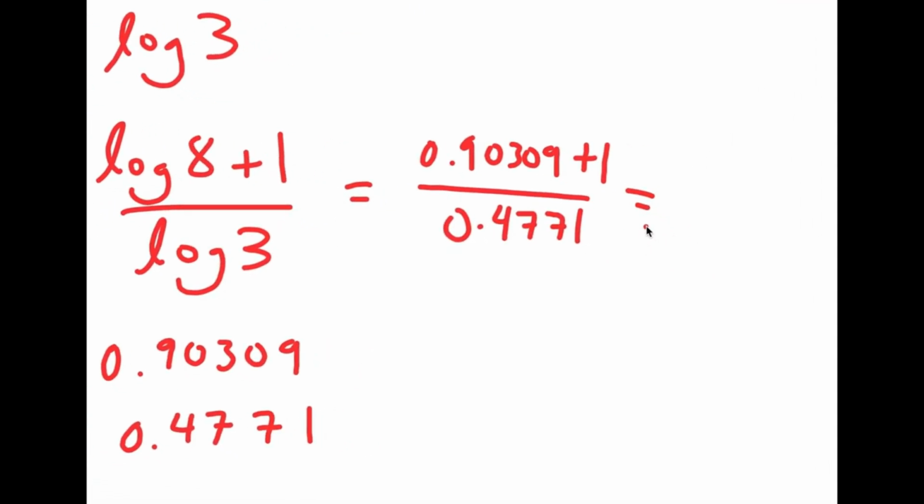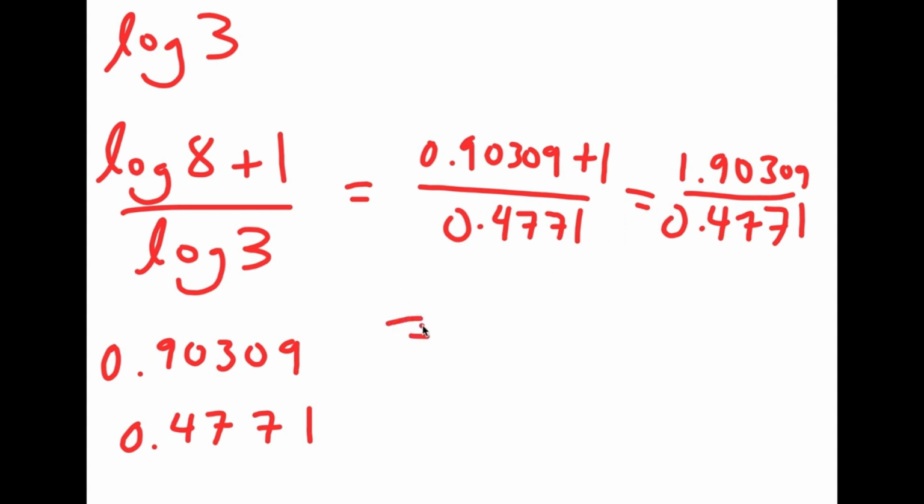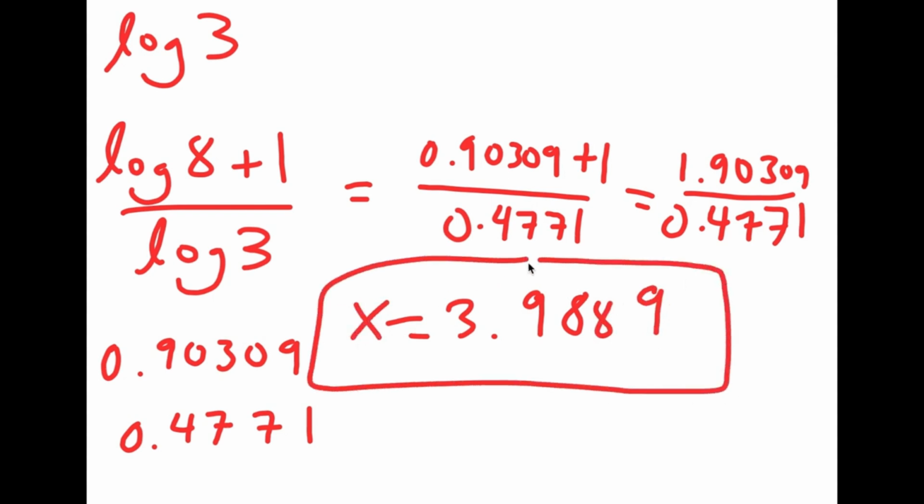And this is equal to 1.90309 over 0.4771. Now 1.90309 over 0.4771 is equal to 3.9889. So x is equal to 3.9889.